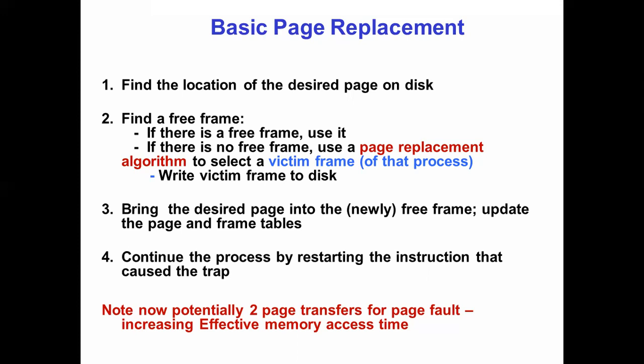Now, after the replacement of the page into the free frame, the operating system will update the page and frame tables, because in the frame table the operating system stores the frame numbers, and it also has the record of the valid or invalid bit. In the next slide we can check how the operating system is going to replace the page. Then continue the process by restarting the instruction.